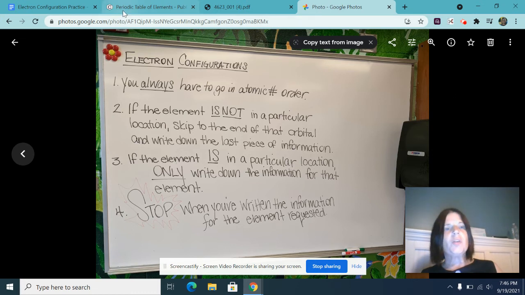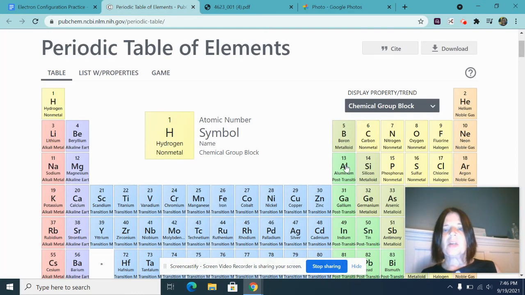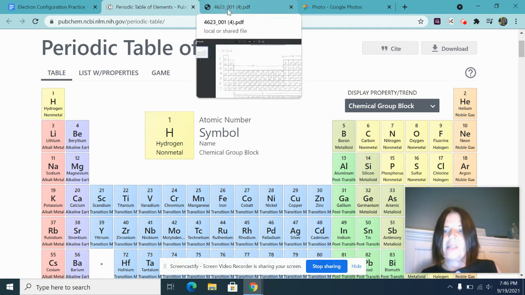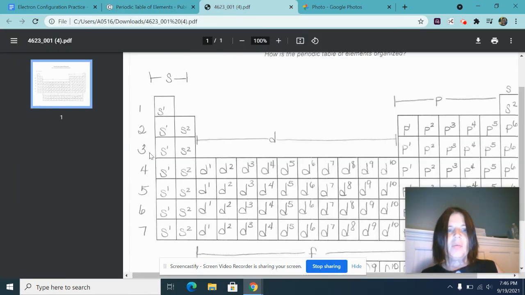So if we go to the periodic table of elements, we can see that chlorine is the 1, 2, 3, 4, 5th element over, which then, what information do we need to grab for it? Well, it's on the third energy level, and it was the 1, 2, 3, 4, 5th element over, so it's right next to argon, which was at the very end.